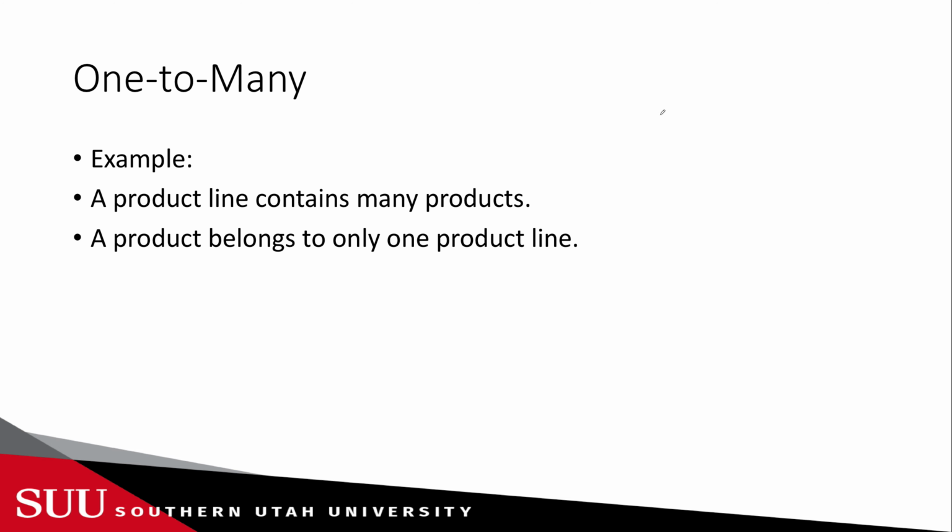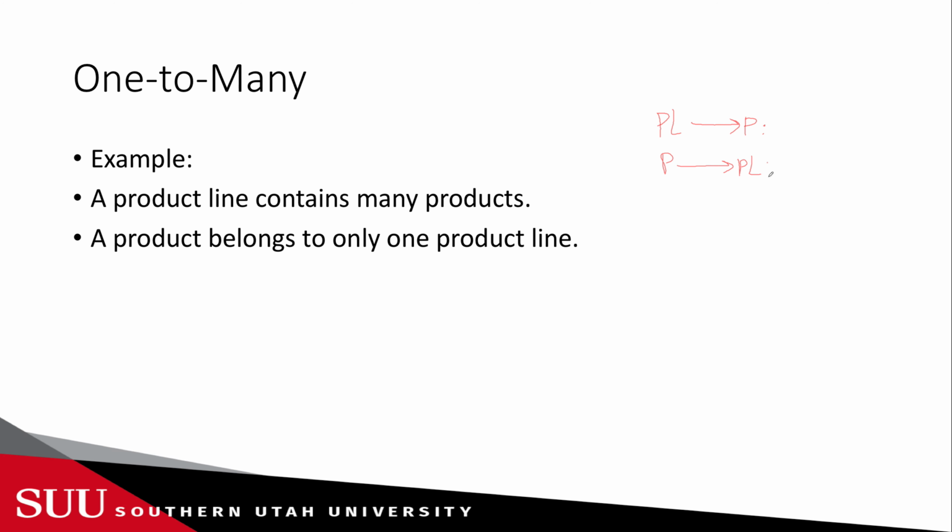I will have product line denoted by PL for now, and P for product. If I'm going from product line to P, I need to know what cardinality, and if I'm going from P to PL, I need to know what cardinality I have in that case.